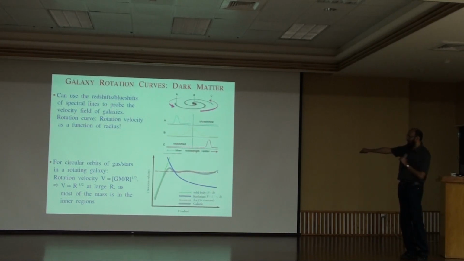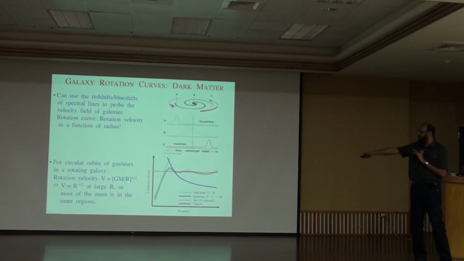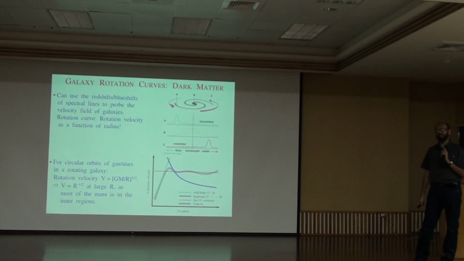If the velocity is going flat, this means that the velocity is constant. If the velocity is constant and the radius is increasing, the mass has to increase somehow. There has to be some other form of mass which increases with the radius. If I see this curve, the mass must increase proportional to radius. And that mass is not being observed.